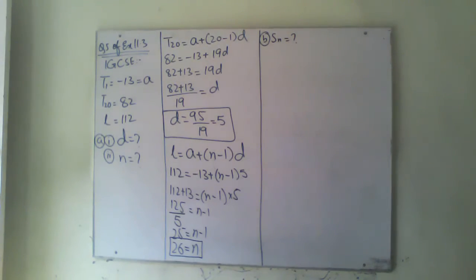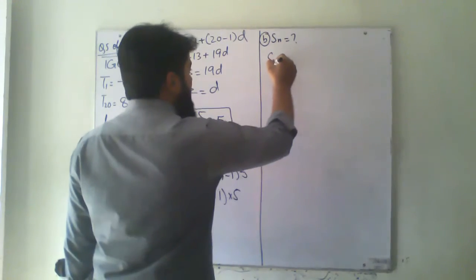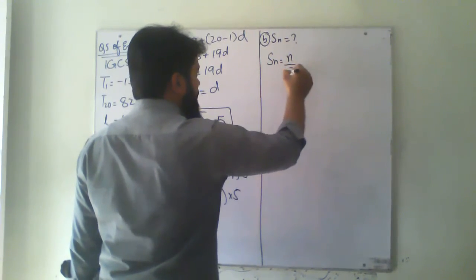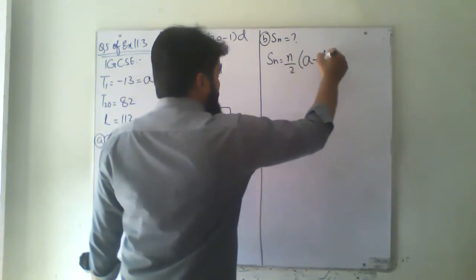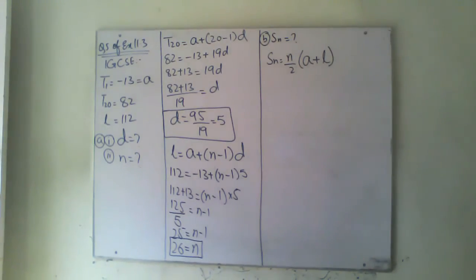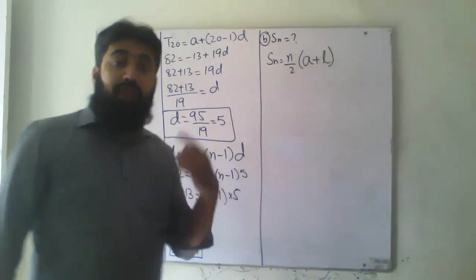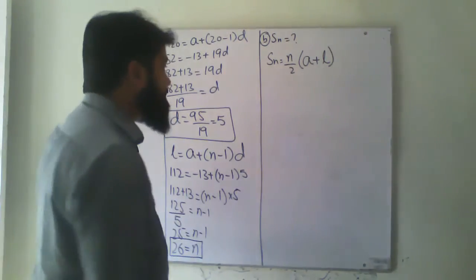I'm going to use my L formula for the total sum. And what is my L formula? My L formula is Sn equals n upon 2 into a plus L. Okay, Sn equals n upon 2 into a plus L. This is my formula to find the total sum when the last term is given to me. How will I solve it?